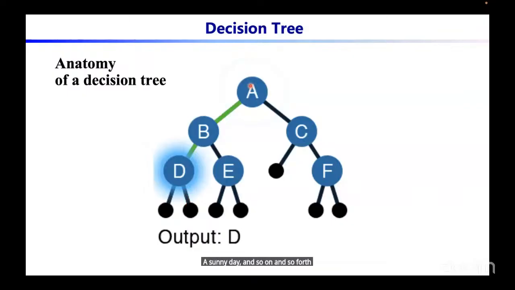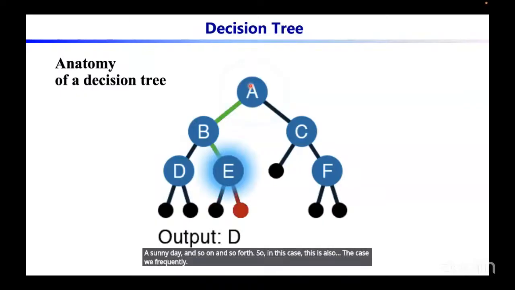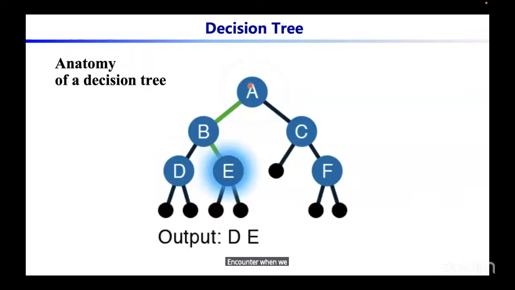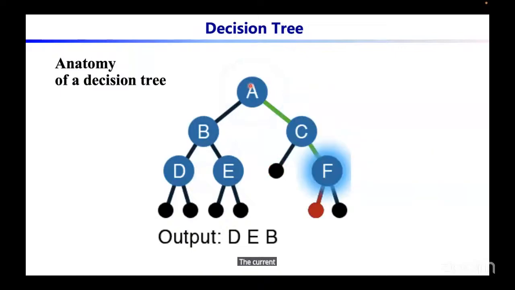This is also the case we frequently encounter when we make our own decisions about certain actions. We actually make decisions based on the current situations. If under this situation we do this way, if the other situation we do an alternative way, right?